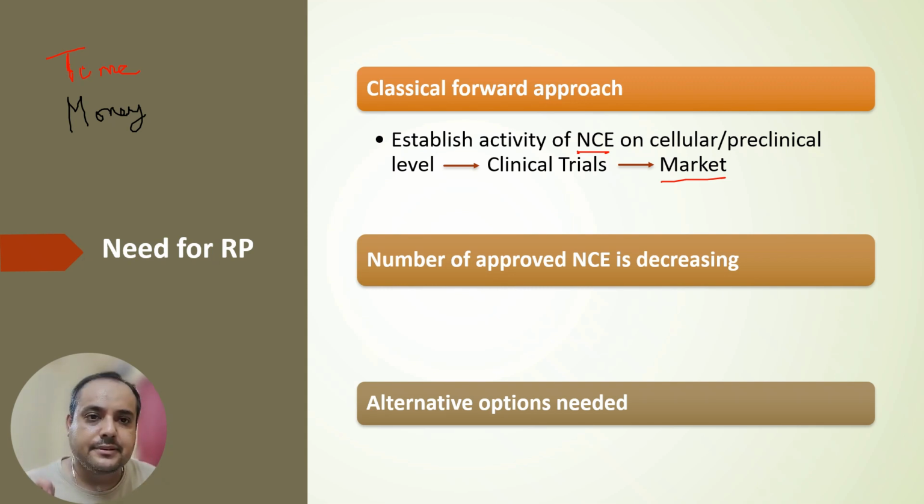But even after all these things, the number of approved new chemical entities is actually decreasing. So the cost is increasing, the technology is advancing, but the number of approved molecules is decreasing. Now the pharmaceutical industry, instead of going for blockbuster drugs, is going for a much safer option, known as Me Too drugs.